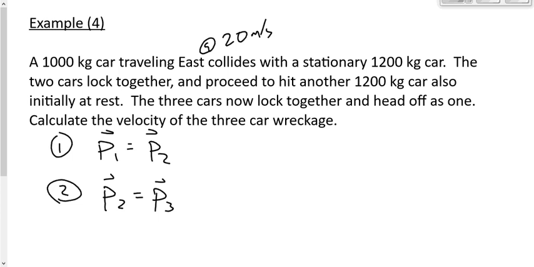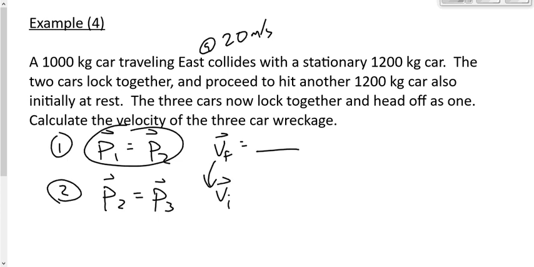You can absolutely do this to find the final velocity in the first collision, which becomes the initial velocity in the second collision, which we can use to find the final velocity in the second collision. Absolutely. But it's two calculations. If P1 equals P2 and P2 equals P3, then P1 is equal to P3. That's the way I'm going to treat this.